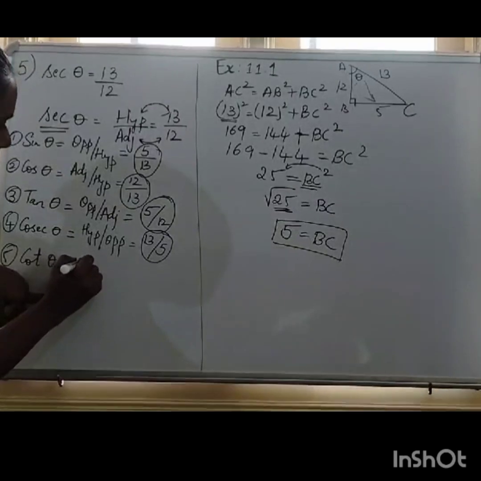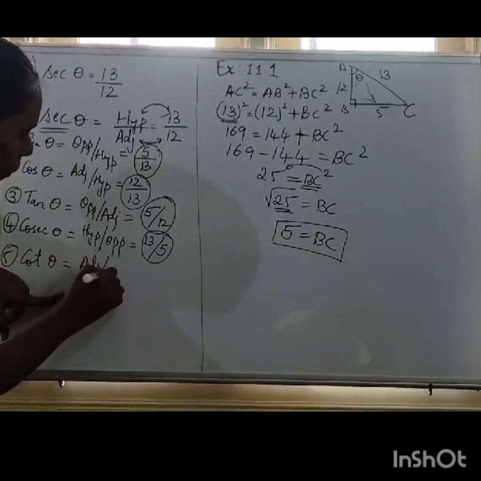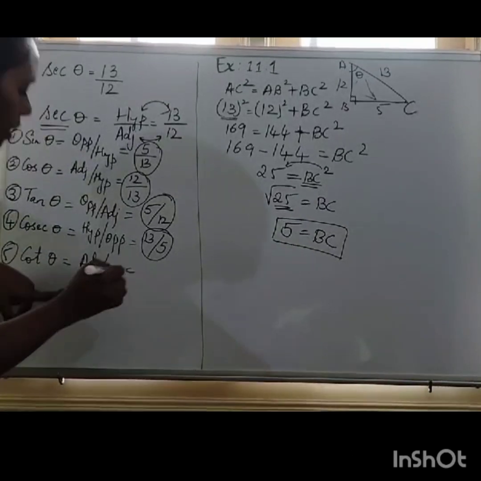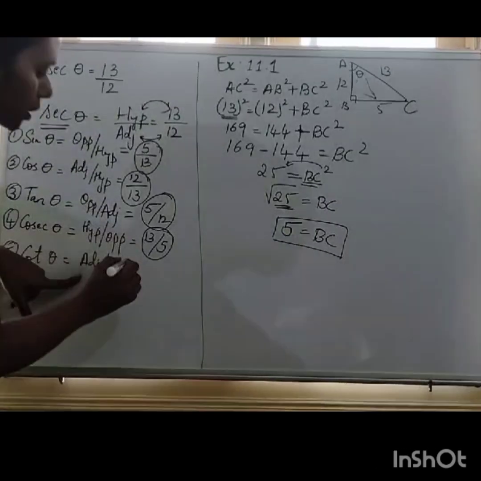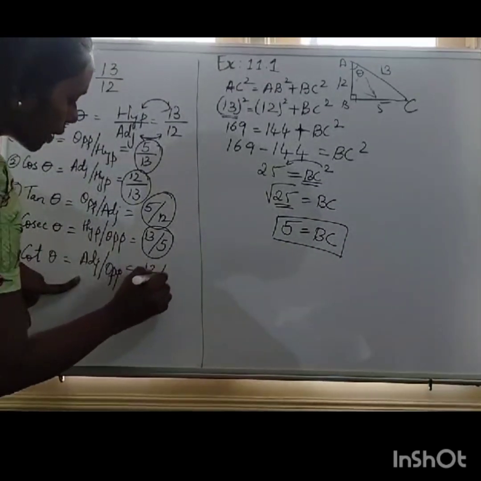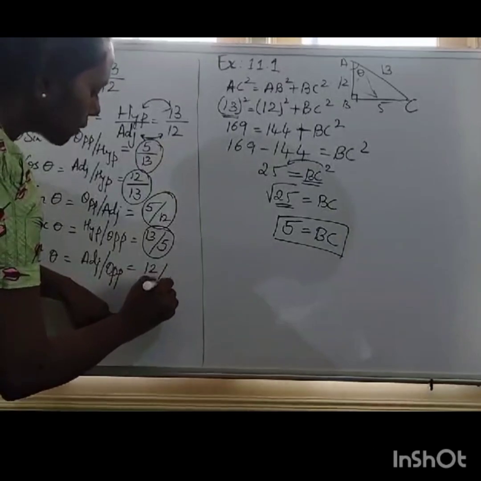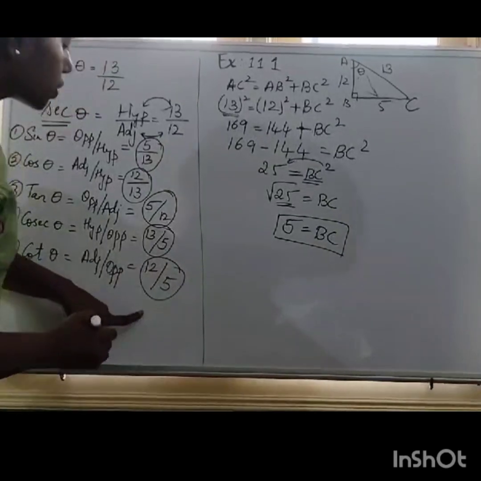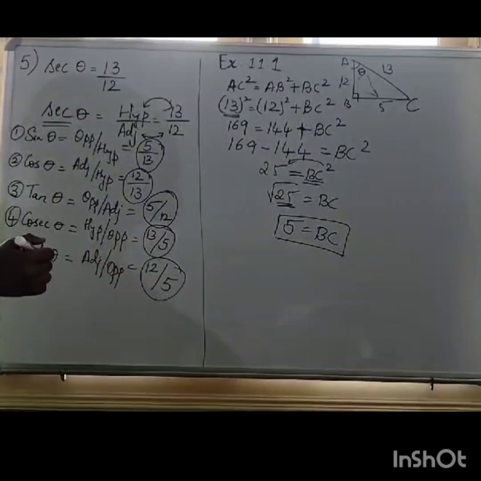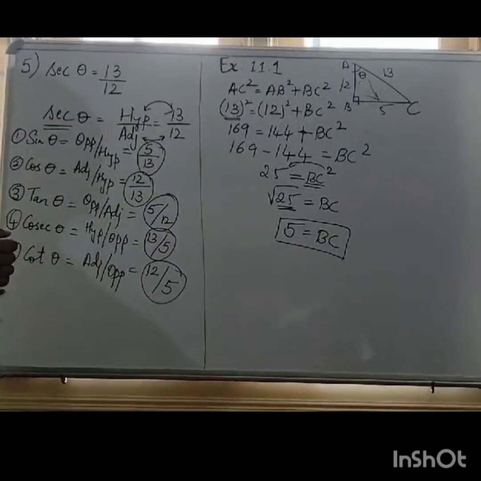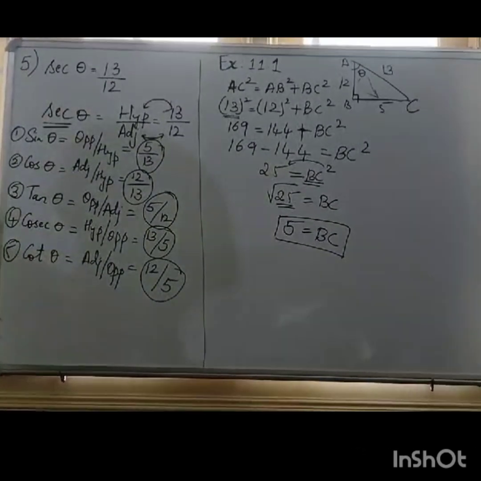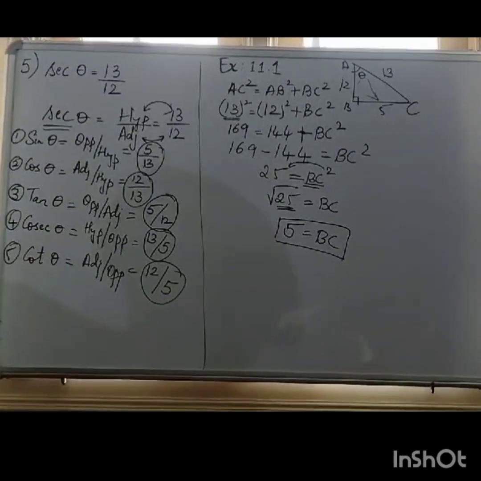Cot theta is adjacent by opposite. Adjacent value is 12 divided by opposite 5. So our value for cot theta is 12 by 5. So these are the other trigonometric ratios which they had asked us to find out. So this solves our fifth question.